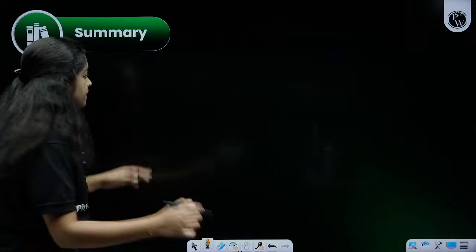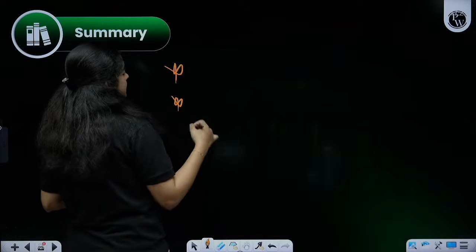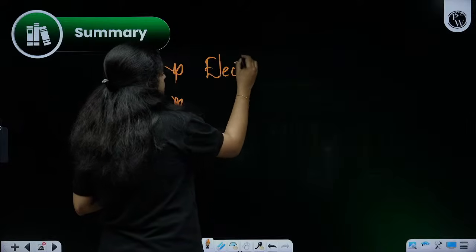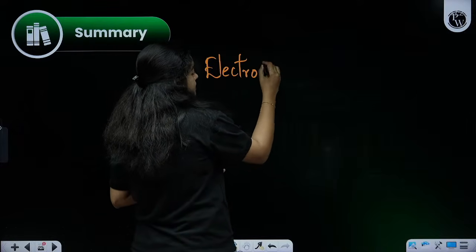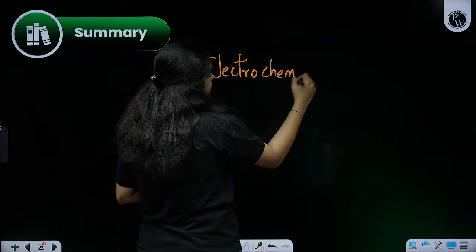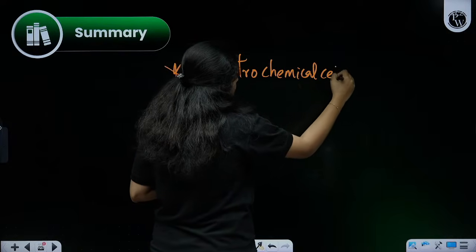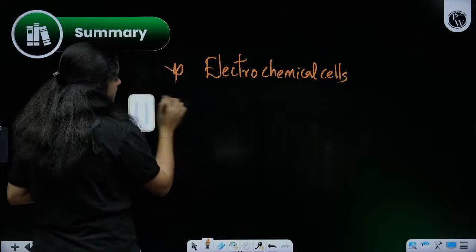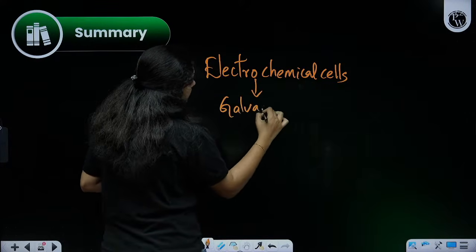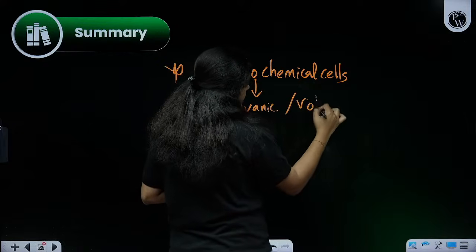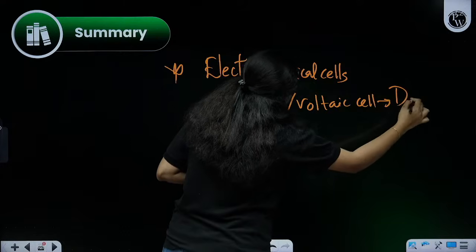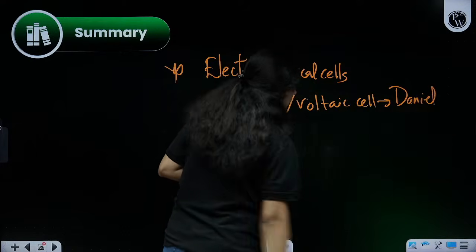So in this chapter, what all things did we learn? Electrochemical cells. In the electrochemical cells, the main thing was the galvanic or voltaic cell, and we learned an example for the voltaic cell, the Daniel cell, made up of zinc and copper.